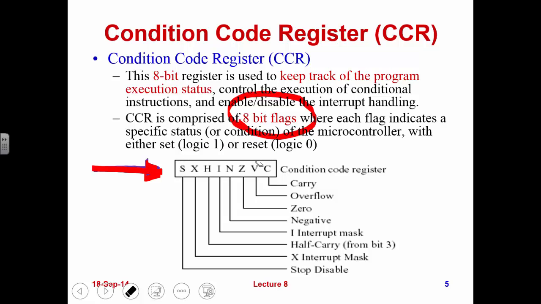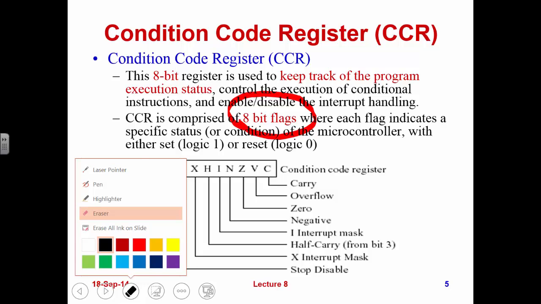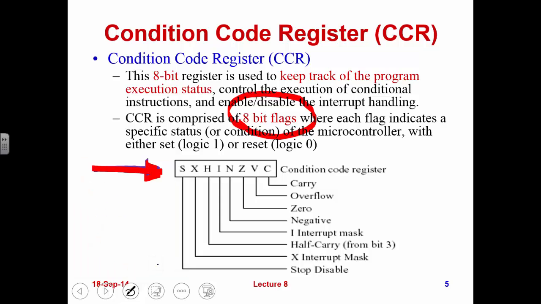We also give a name to each bit, based on the role or functionality of each bit. Let's start from the lowest bit, here. It's called the C bit, or C flag, or flag C, or more commonly, bit 0.